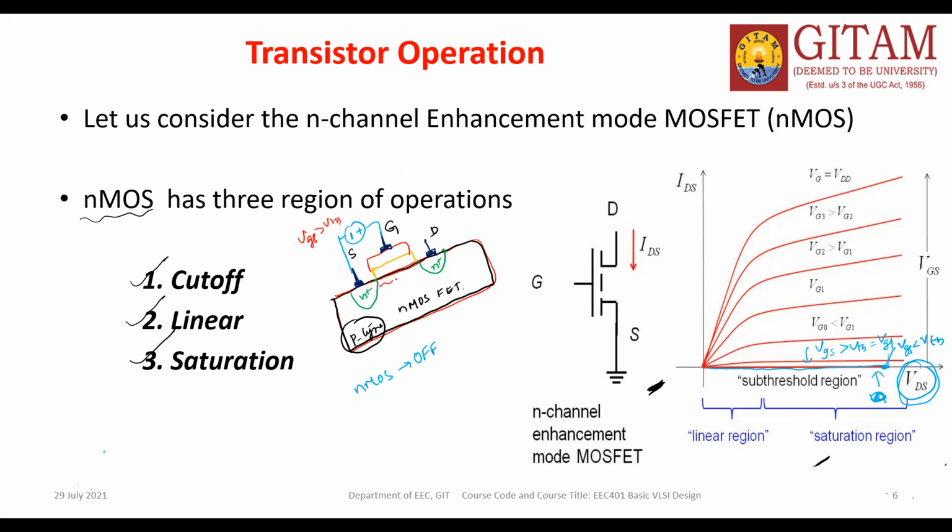Therefore, the channel is formed there. Now I am applying the potential difference between the source and drain, minus and plus. Obviously, the carriers can move from source to drain.